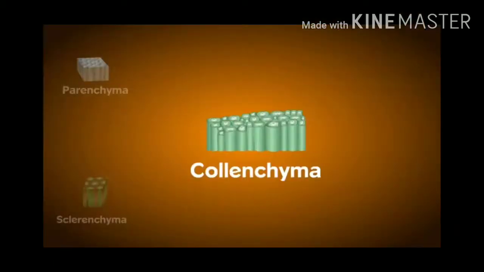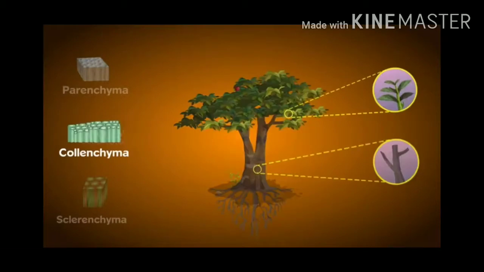Second, the collenchyma tissues are composed of living, elongated cells. They provide elasticity, mechanical support, and tensile strength to the plant body. They are found mainly in the cortex of stems and leaves.